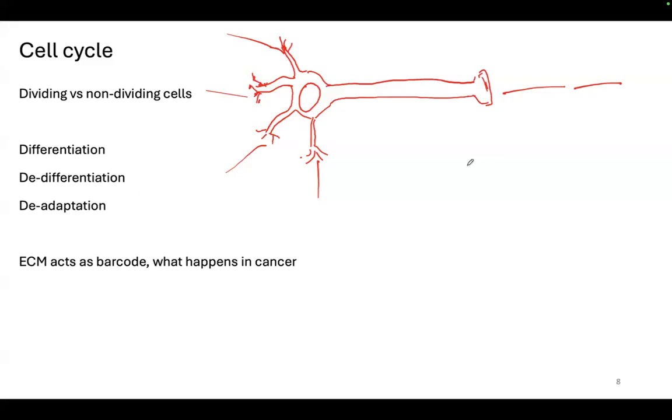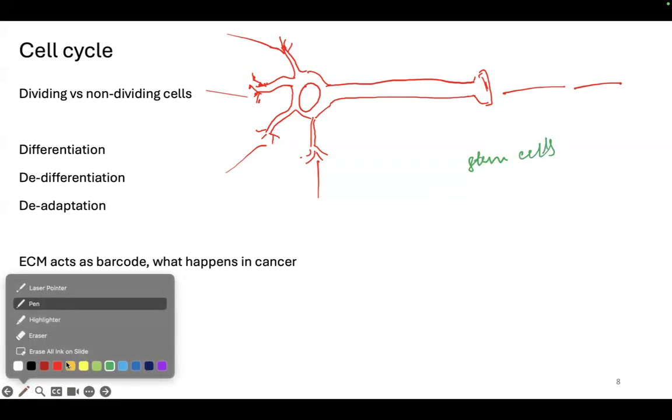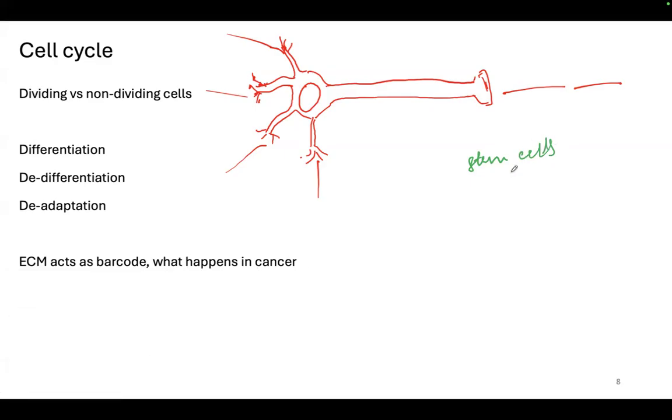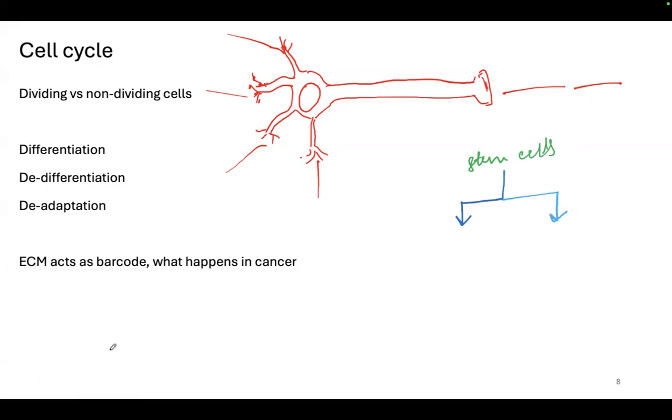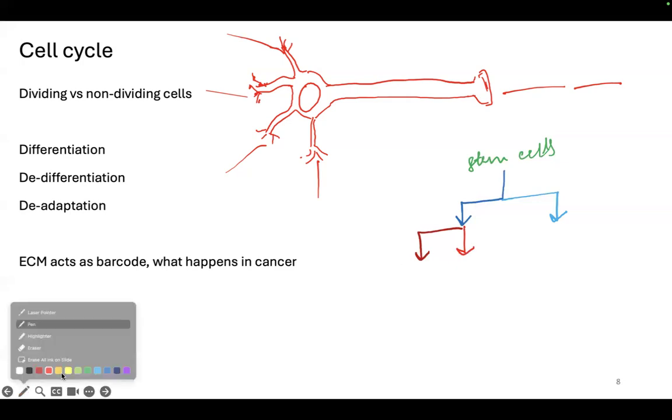Think of it like this example. I'm not giving any exact names here, but you're starting with stem cells. Let's say it divides into lineage 1, and let's say lineage 2. Then furthermore, lineage 1 can become the second type.